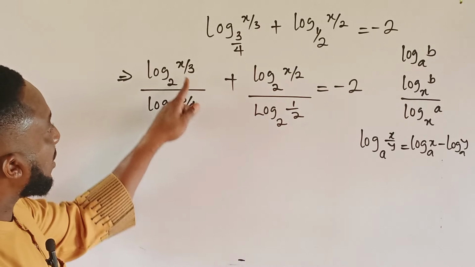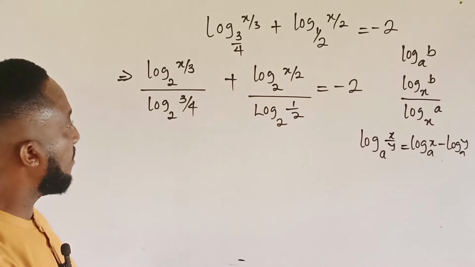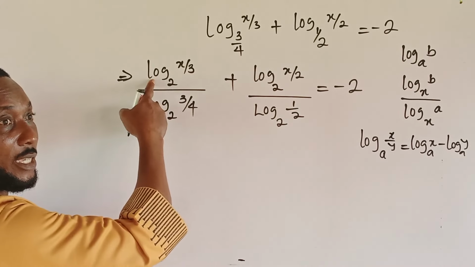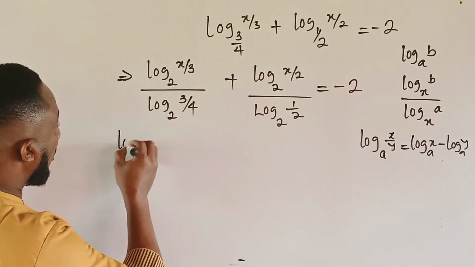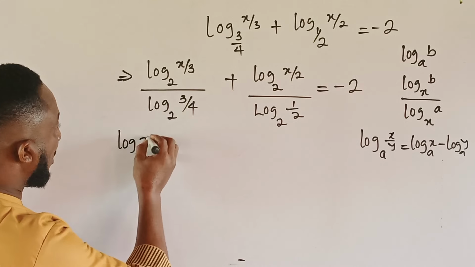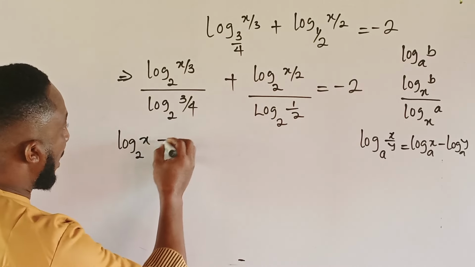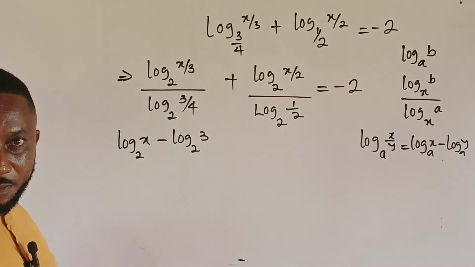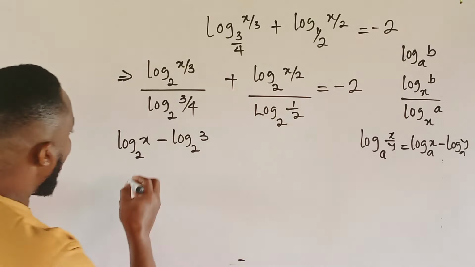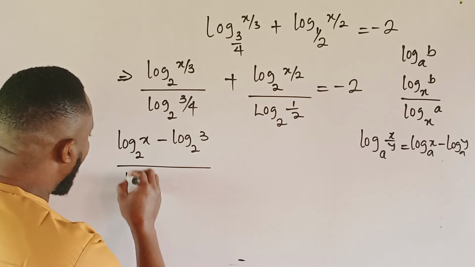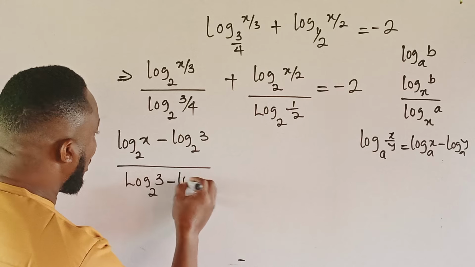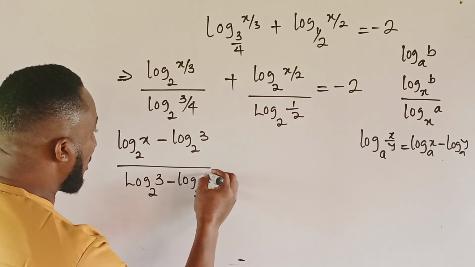So we shall then take care of all these arguments. For the first guy here, we'll be having log to base 2 of the argument x minus log to base 2 of the argument 3, all upon log to base 2 of the argument 3 minus log to base 2 of the argument 4.